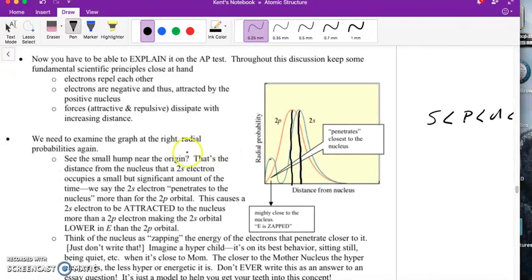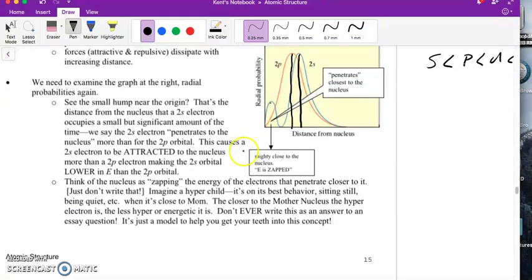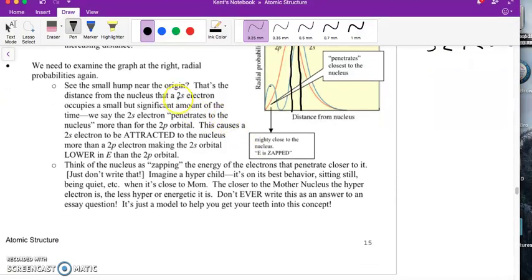Okay, we can read through this, but it minimizes the electron-electron repulsion when S gets closer to the nucleus. Okay, and I'll read through this just so I don't do it a disservice. So this small little hump here, that's the distance from the nucleus that a 2s electron occupies, a small but significant amount of time.